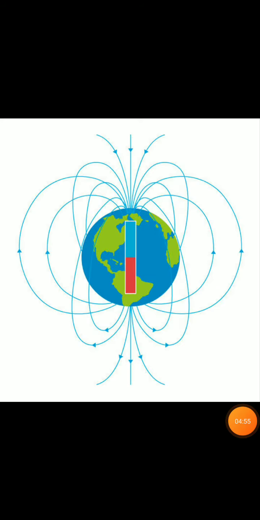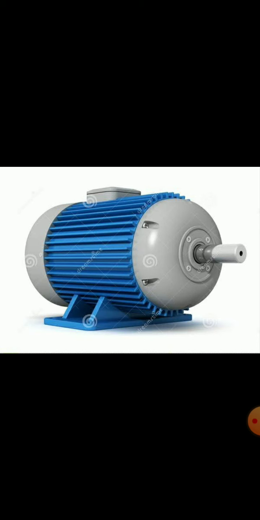We will also study about electromagnets. We will study about electric motors, which involve the magnetic effect of electric current. We will also study electric generators, which involve the electric effect of moving magnets. So all these phenomena we are going to learn in this chapter.